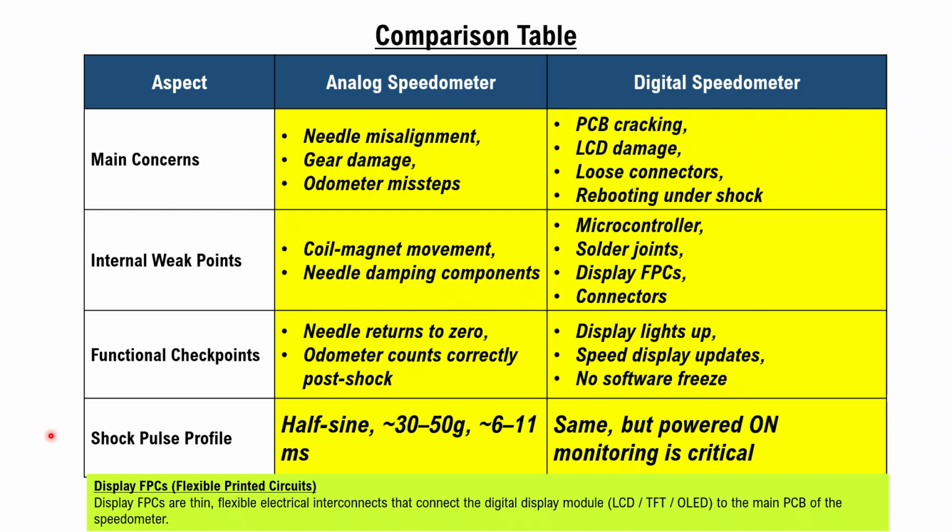Shock pulse profile. In case of analog speedometer, it could be half sine, 30 to 50 G, 6 to 11 milliseconds. In case of digital speedometer, it could be the same, but powered on. Monitoring is critical.